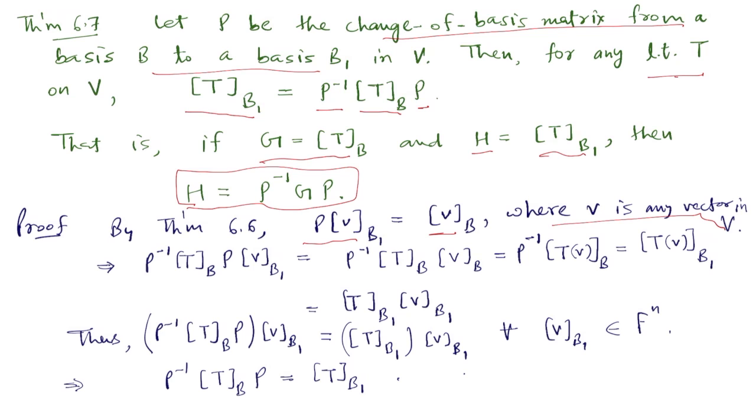So this implies we are multiplying P VB1 by P inverse TB on both sides. So VB is also multiplied by P inverse TB. But we know that TB VB we can write down as T of V with respect to B.